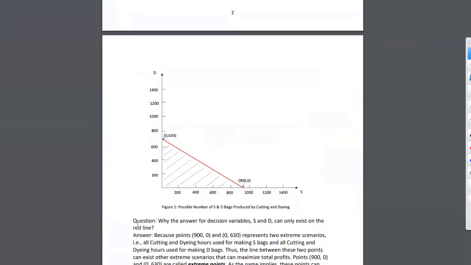So let me do this. In order to visualize the solution, I want to use the y-axis to represent the number of deluxe bags I manufacture in the cutting and dyeing department. I use the x-axis to represent the number of standard bags I manufacture in cutting and dyeing. So in the first extreme, I want to find the solution point. The first extreme is I want cutting and dyeing to completely use 630 hours, only manufacturing standard bags. So I'm able to locate this 900 point on the x-axis. 900 means 900 standard bags, 0 deluxe bags.